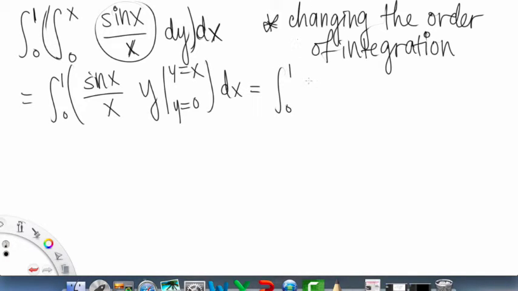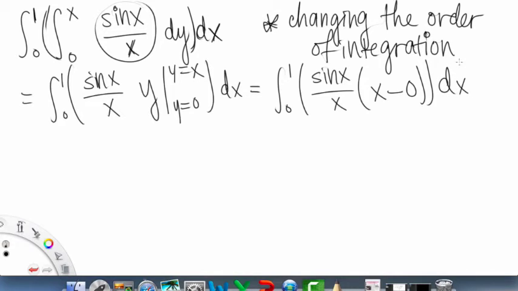Here you'll see how this works out. We have 0 to 1, and then we have sine x over x, and then we have x minus 0, which is great because the 0 goes away, and the x on the top cancels with the x on the bottom, making this problem a whole lot simpler than it was before. So this is what we're left with, from 0 to 1 of sine x dx.